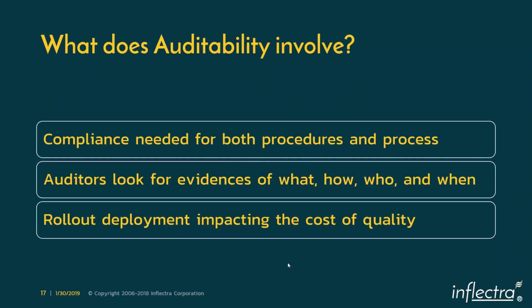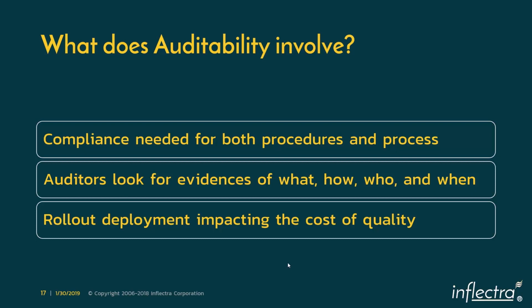What does auditability involve? Compliance to procedures and process is exponentially increasing, with several regulations binding application development throughout its life cycle today. Understanding the types of information auditors look for as evidence of what happened carries a long way in how decisions are made, who made them, when they were made, and so on.